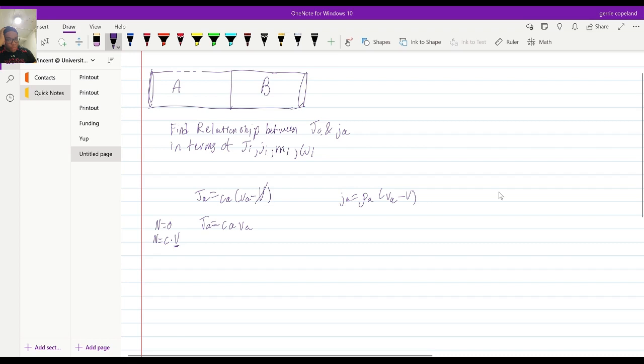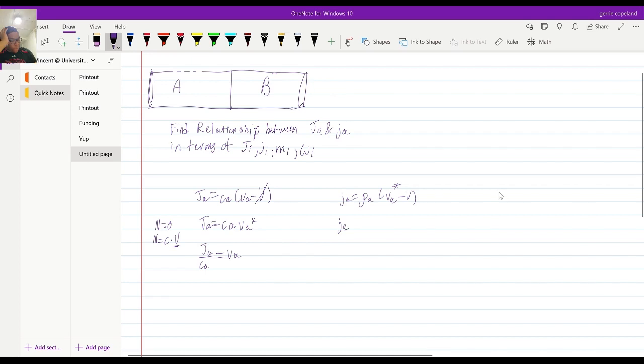From there, we see that we have V_A here and V_A there, so we can change that around and plug it in.